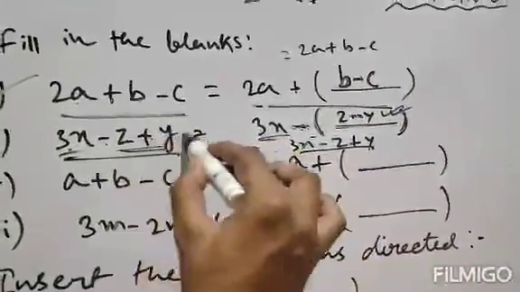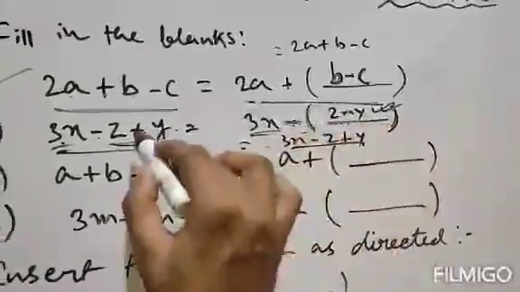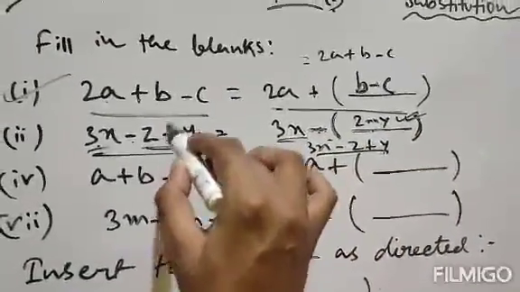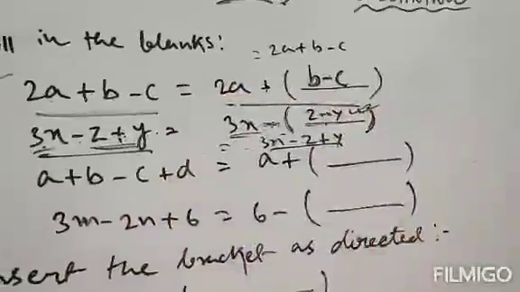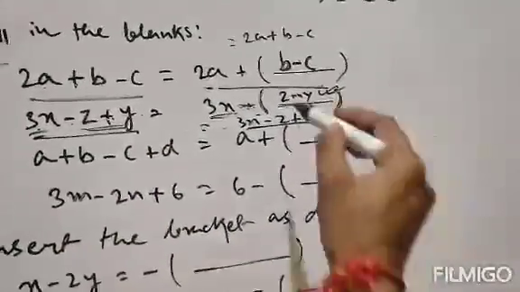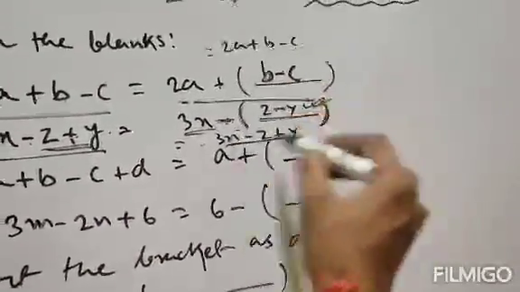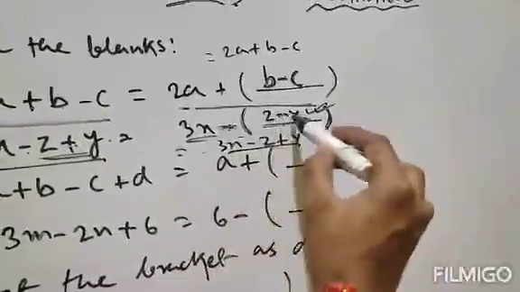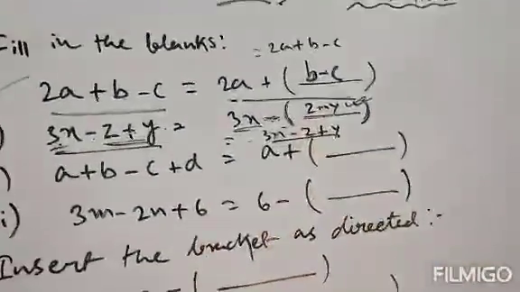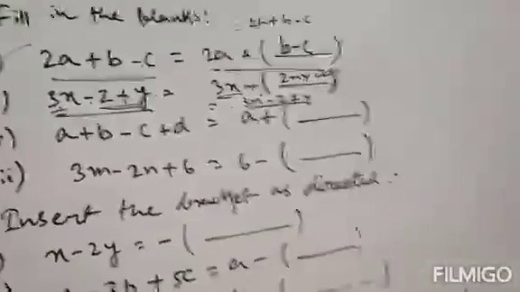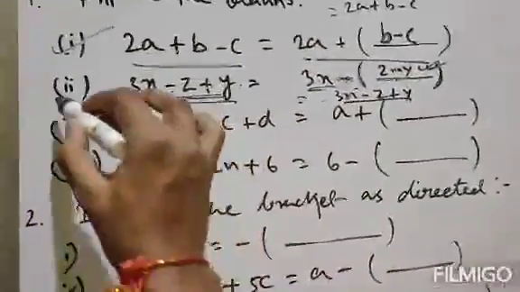Here the sign is z plus y, so you will put z minus y. The sign of plus will get reversed. It will be z minus y, not z plus y, because if it had been z plus y, you would open the bracket and get 3x minus z minus y, which is incorrect. Clear?